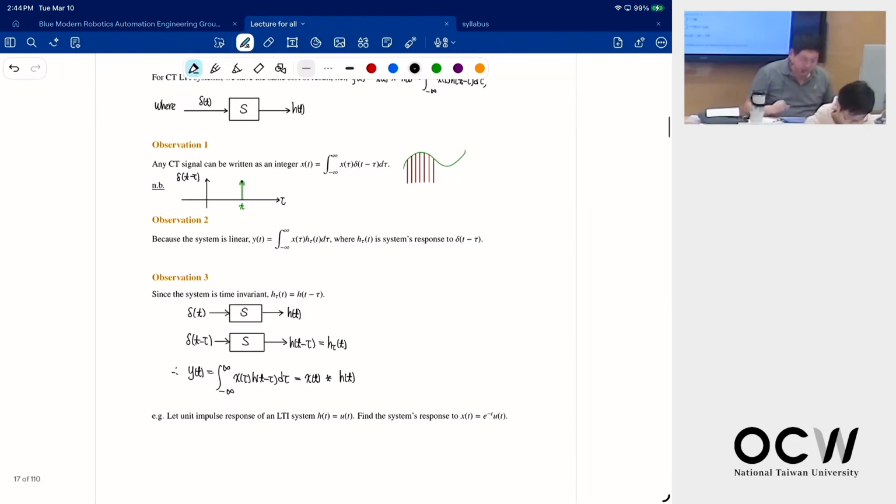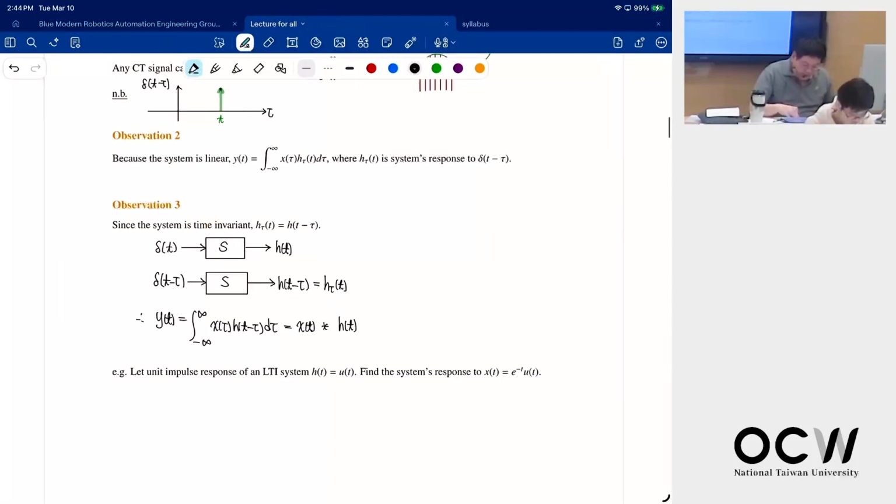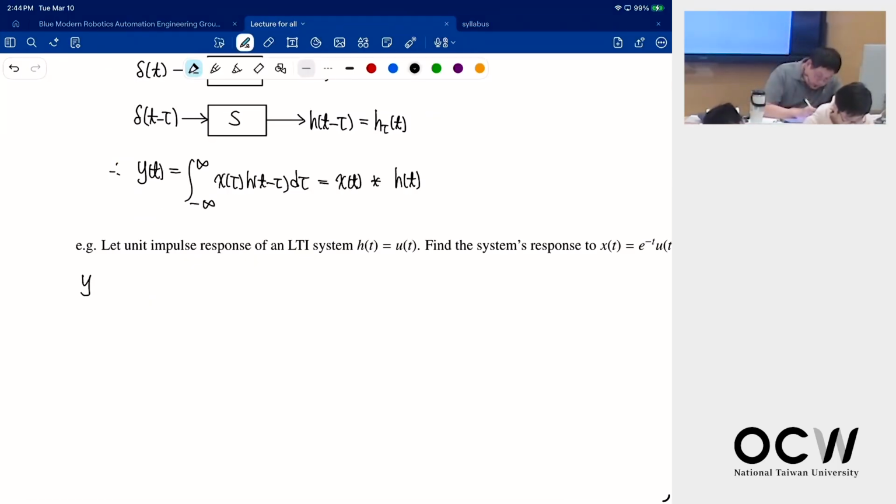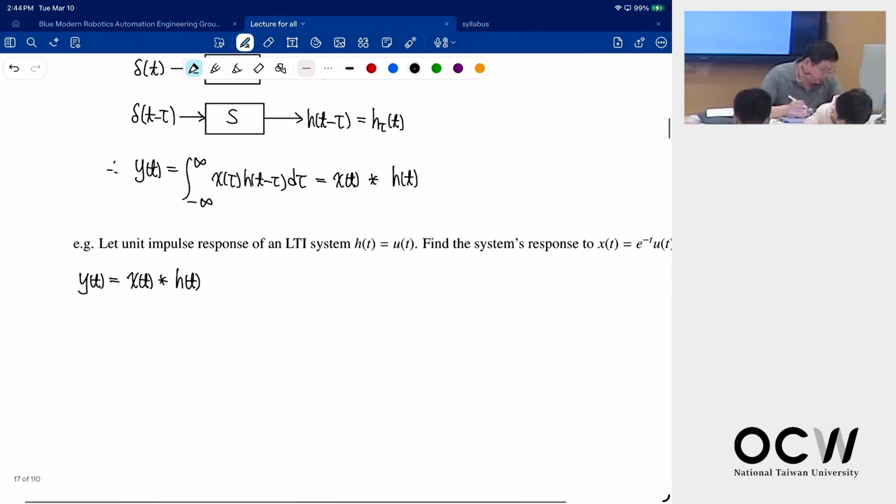Let's just see an example. My system is a unit step function, and then I want to find the system's response. My input is here. So the output is input convolve your system.